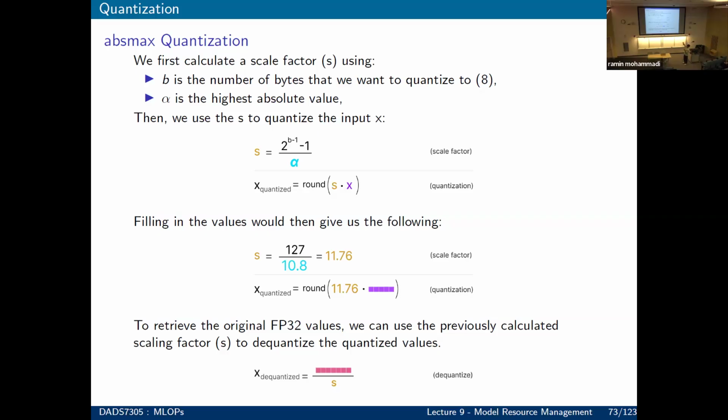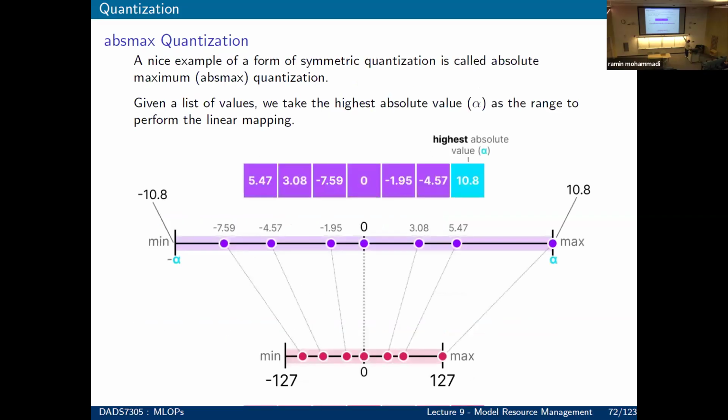And then after you find S, you multiply every number, every data point that you have, by S and round it. That becomes the quantized version using absmax. So in the previous example that we saw, what's the largest value? 10.8. That's our alpha.